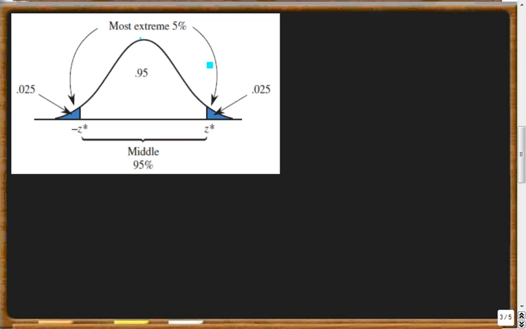Well, because the range is much smaller if we get closer to our mean. So we're going to pick right in the middle, and we're going to go to the right and to the left, half of 95%, which is going to be 47.5% each way. So just bringing that up.